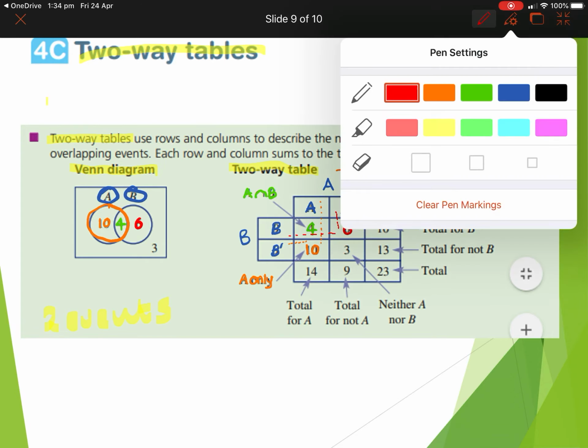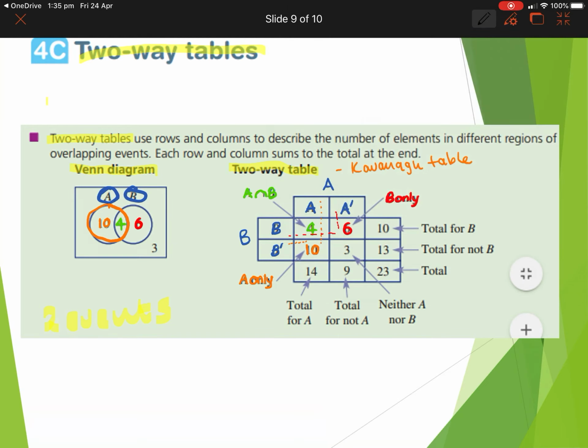And then this final one, let's just go black, 3. That means it's not in A and not in B. So this bit, neither A nor B, is the equivalent of that number you put outside in the Venn diagram. That is 3.